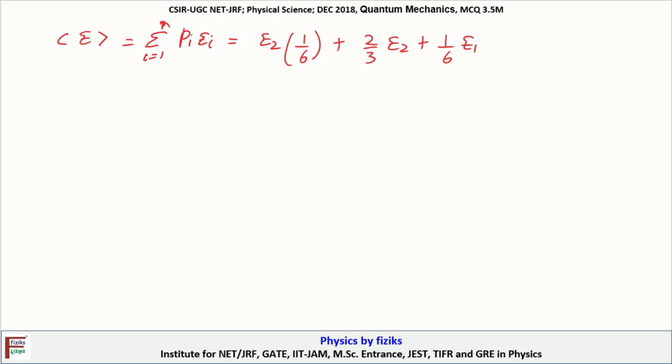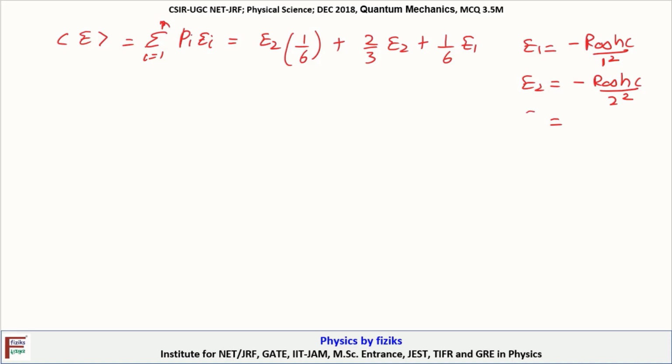Now E2 and E1 we defined as E1 equals minus R infinity Hc by 1 square, and E2 would be defined as minus R infinity Hc by 2 square.